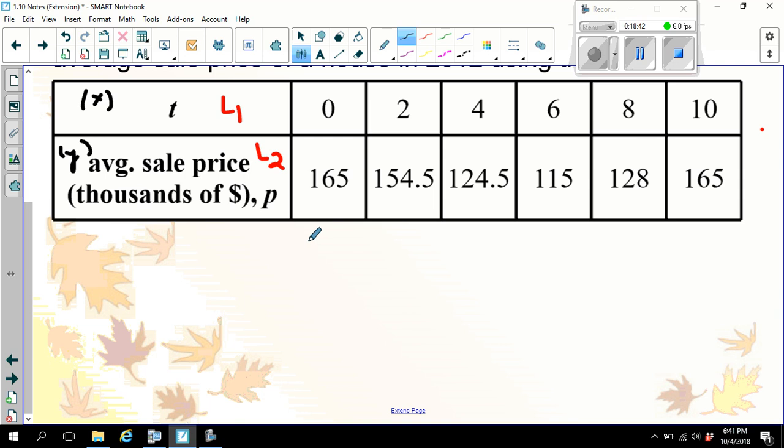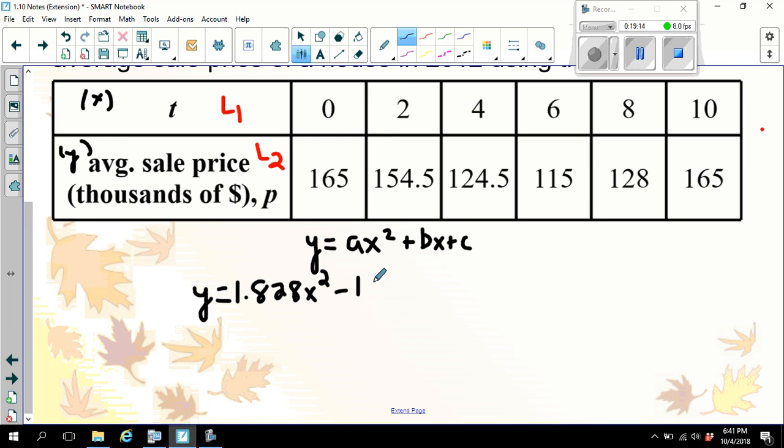So don't forget our standard form was y equals ax squared plus bx plus c. Okay, so our a value, we said that was 1.828, minus 19.553.